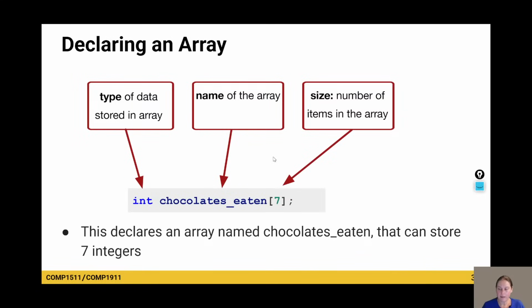So in this example of the chocolates eaten, I would declare it like this. This is like when we declare int x: int is the type, x is the variable name. Here the variable name is chocolatesEaten. This part here tells us it's an array.